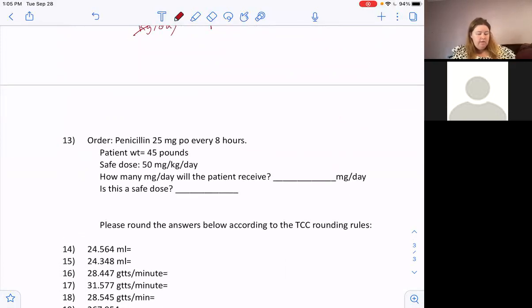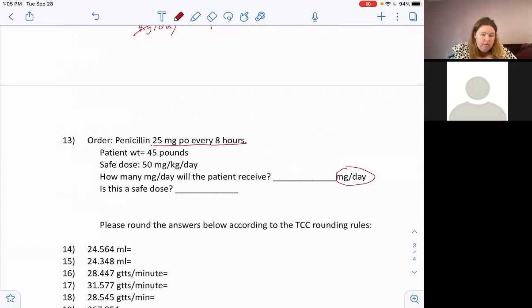Penicillin, 25 milligrams by mouth every 8 hours. Patient weight is 45 pounds. Safe dose is 50 milligrams per kilogram per day. How many milligrams per day will the patient receive? So we want milligrams per day. And we have 25 milligrams every 8 hours.